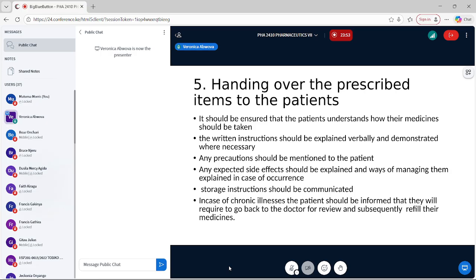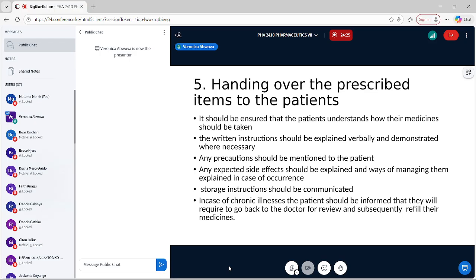Ensure you tell the patient how to measure the right amount of insulin, whether they're using the pen or the syringe. Tell them how to measure the correct amount, and when to actually inject. Is it as they are eating? Is it 15 minutes after they eat? Ensure you give them all that information.